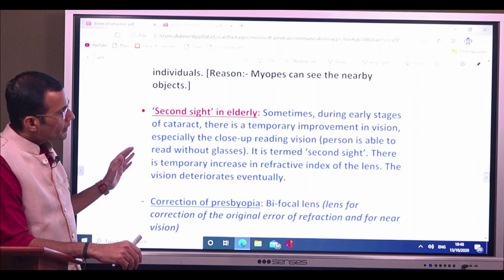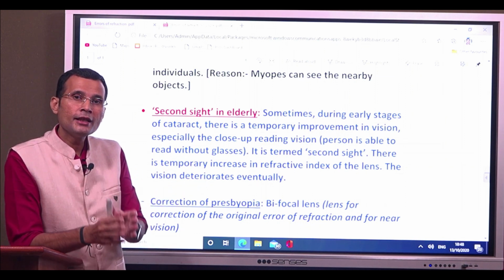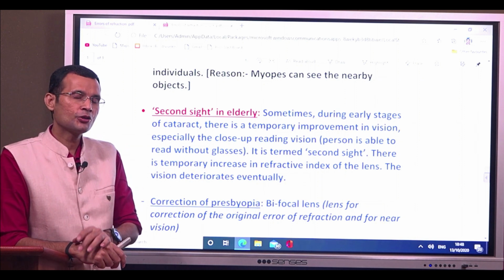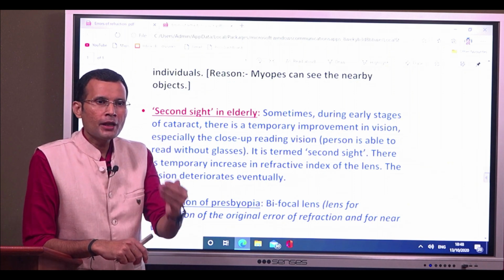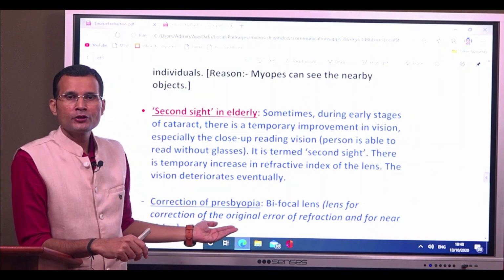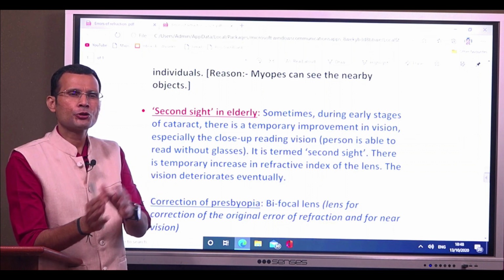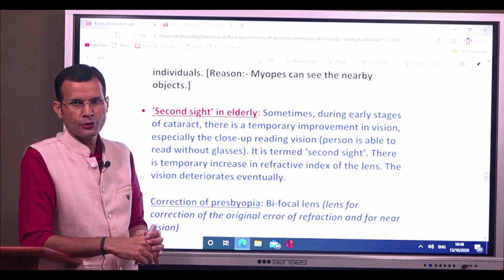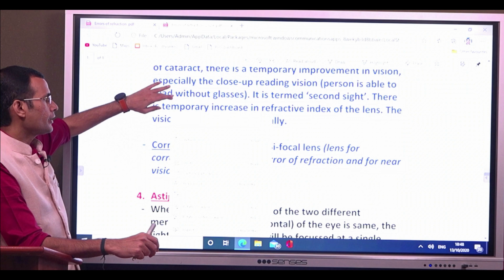This is because of a temporary increase in the refractive index of the lens, and therefore a sudden but short-lived improvement in the sight. Eventually the vision is going to deteriorate, but this is called second sight in the elderly.